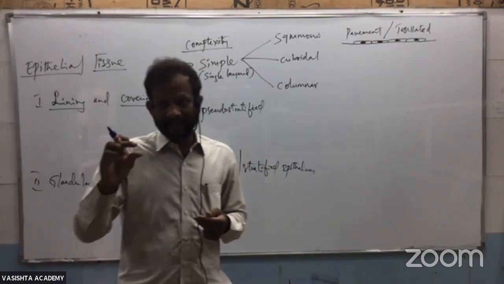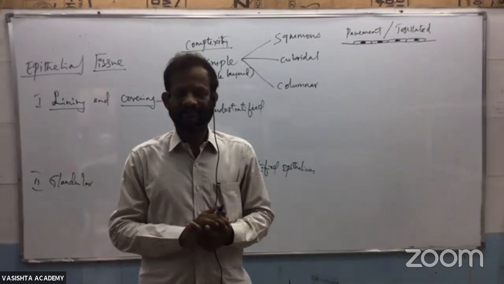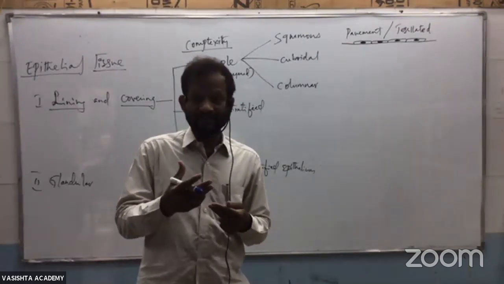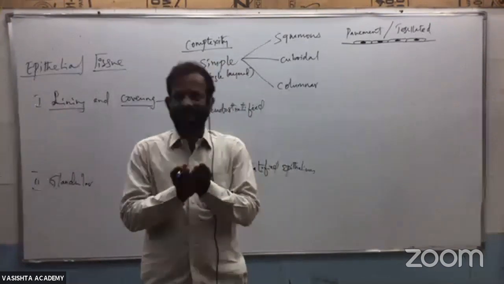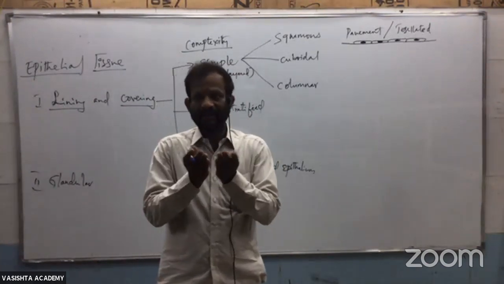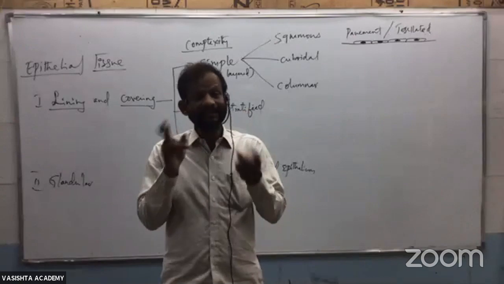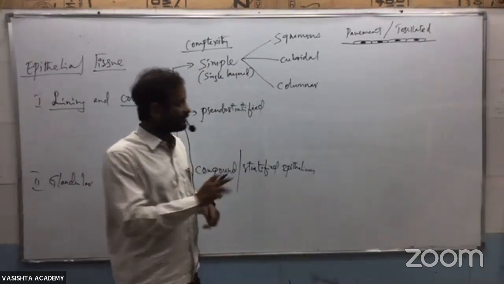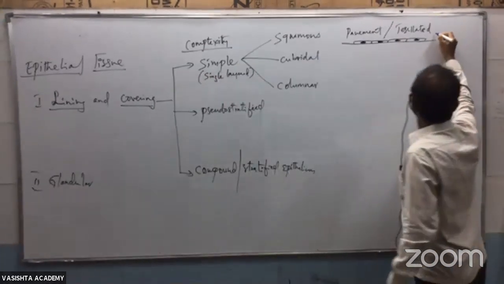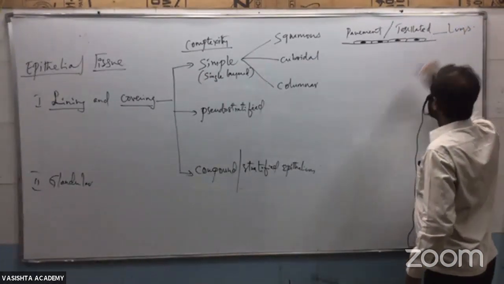If the layer is very thick, the movement of gases will be very difficult. That's why the alveolar chamber is lined by this squamous epithelium. So in the lungs, you can write here examples.